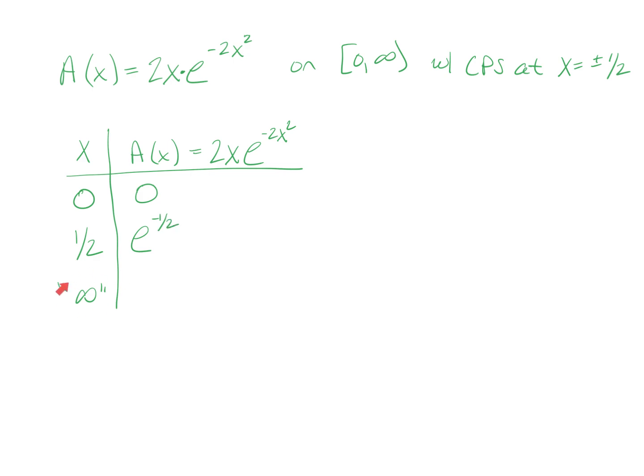And if I put in infinity, which I can't really do, I could look at the limit as x approaches infinity of 2x e to the negative 2x squared. And 2x goes to infinity, but e to the negative 2x squared goes to 0 very fast. Okay, and then that ends up going to 0 overall. So my maximum area is e to the negative 1/2, and it occurs when x equals a half.